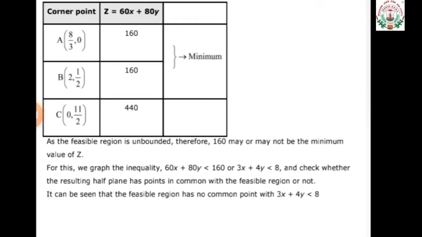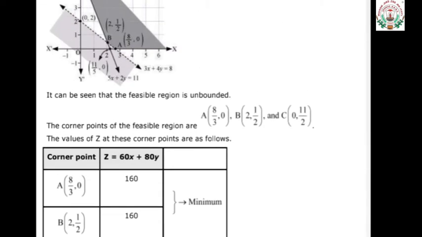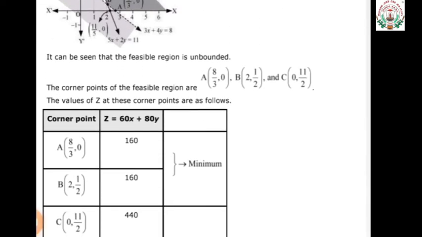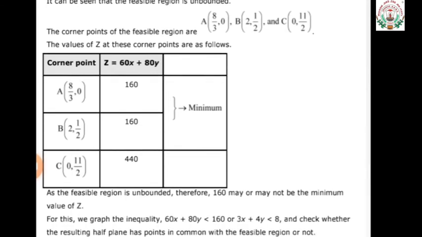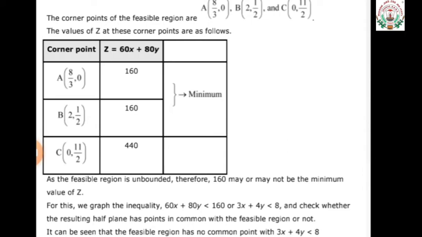So for this, we have the objective function z equals 60x plus 80y. As 160 is the candidate minimum value, we write 60x plus 80y less than 160. In the standard form, divide by 20: 3s are 60, 4s are 80 and 8s are 160.